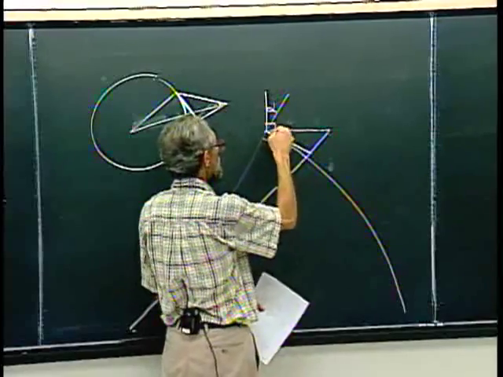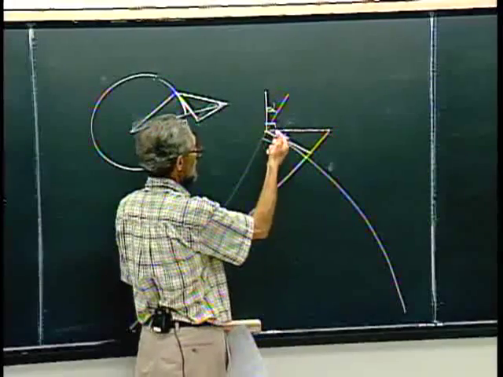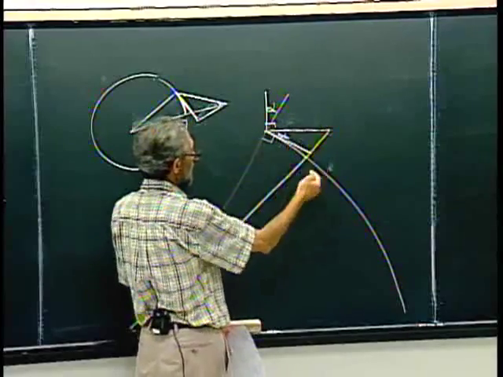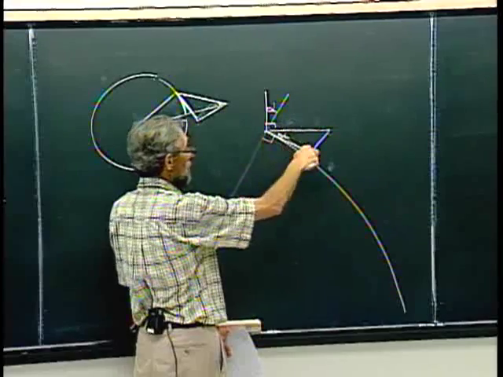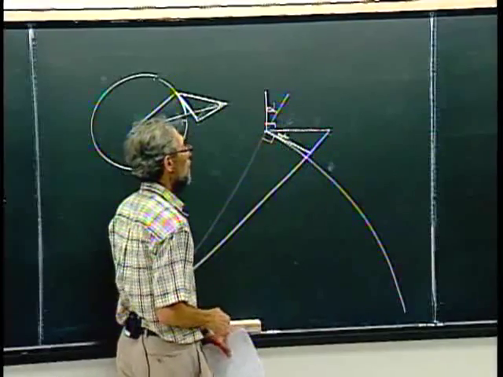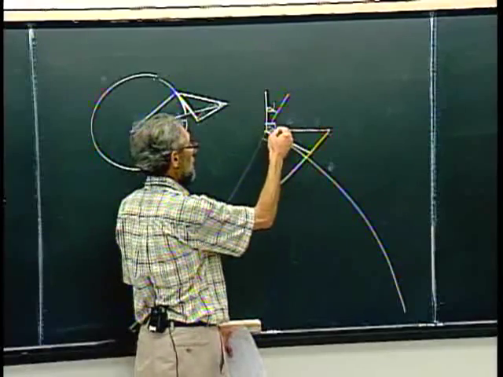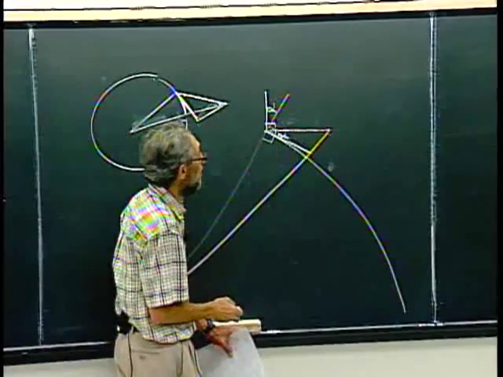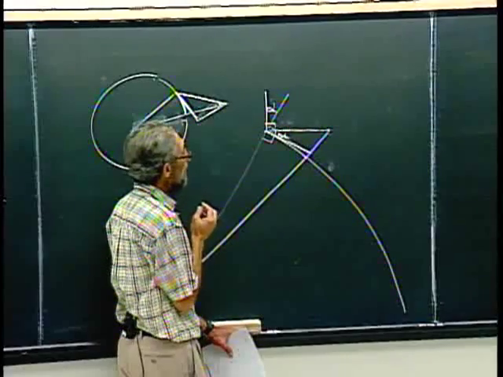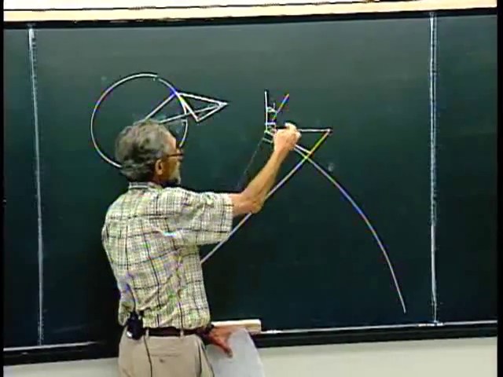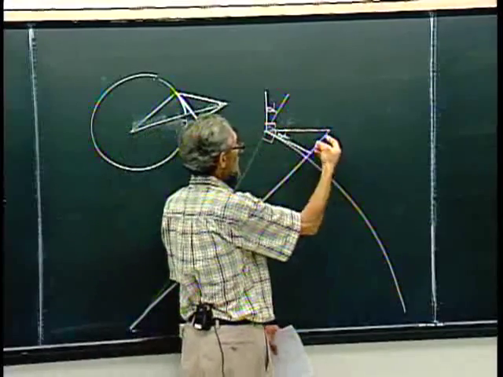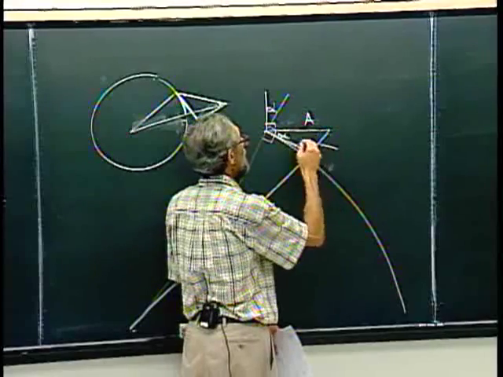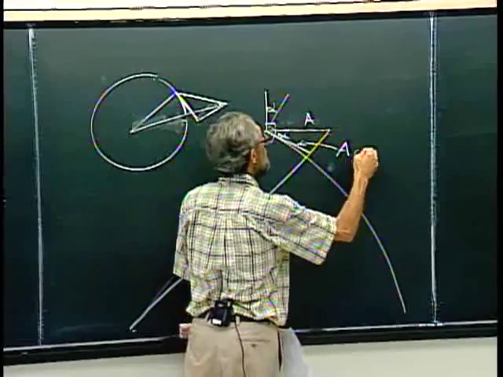Since this normal to the surface makes a right angle, and since the radius direction to the tangent direction also makes a right angle, then this is the complement of this angle, and so is this, so they're equal. So if alpha is the angle here, then if I have this line segment, I'm only doing a circle, then I can say here is A, and then this length will be A cosine theta.